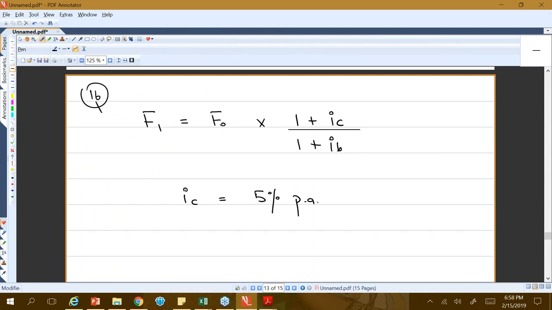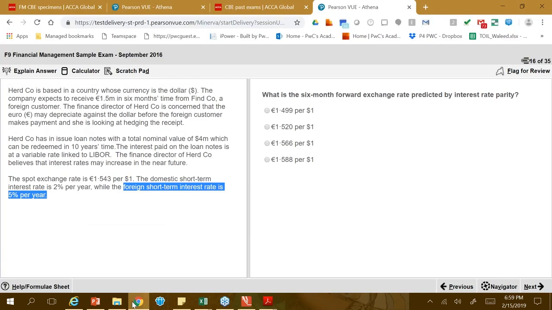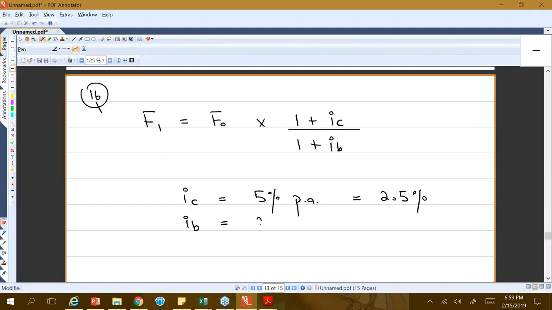5% per annum. So what would be the 6-month rate here? The 6-month rate will be 2.5%. And what is IB, the interest rate at home? The domestic short-term interest rate is 2% per annum, which means this would be 1% for 6 months. These are the 6-month rates.